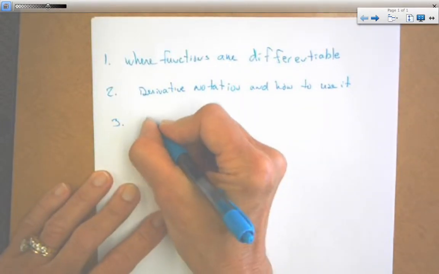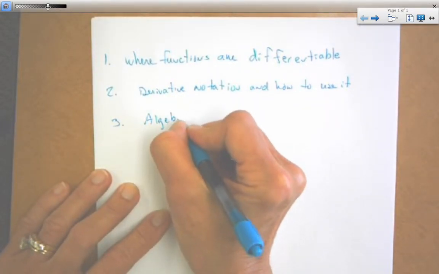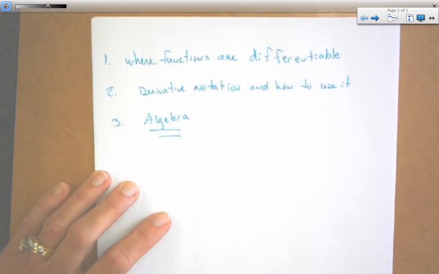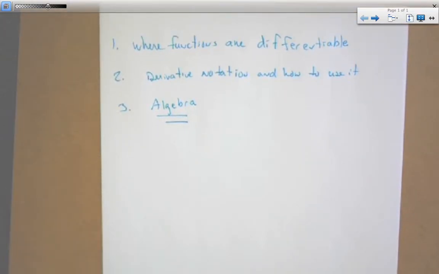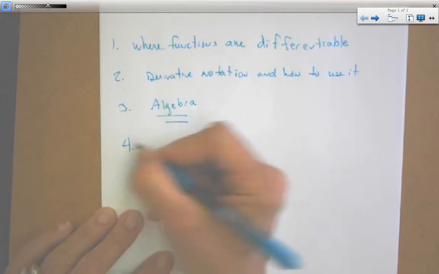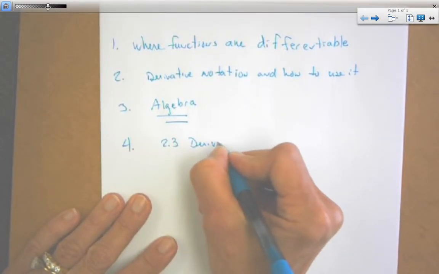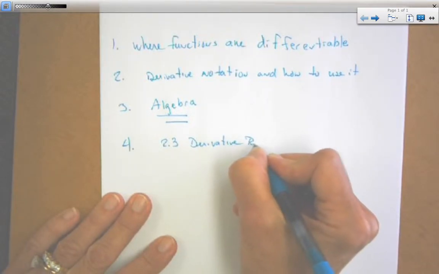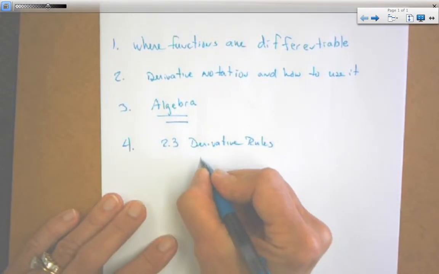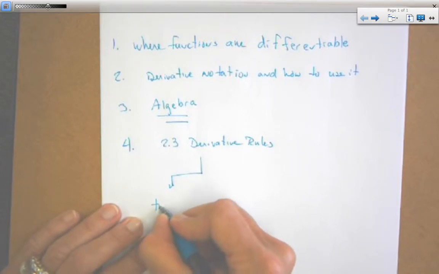Third thing is we've got some really complicated looking derivatives coming in our homework. We need to discuss our algebra. Then we're going to go back to section 2.3 to more derivative rules. And in those derivative rules, we have more trig derivatives.